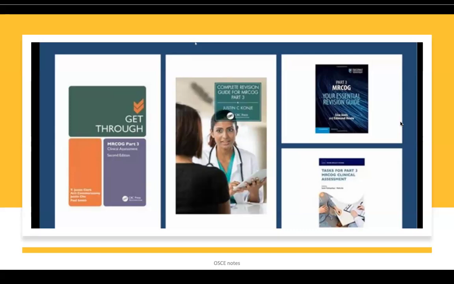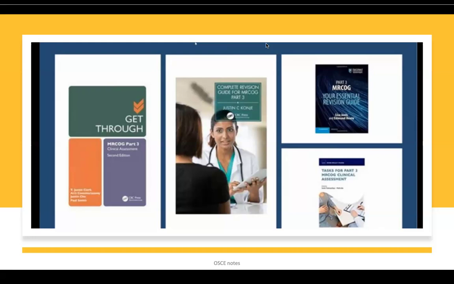It's very useful and it's a very real simulation of the exam. Even the same examiners, the same people who set your exam, are there in the circuit. And very important that you not only watch the videos, but listen as well to the feedback of the examiner. That will help you understand how the marking of the exam is done.